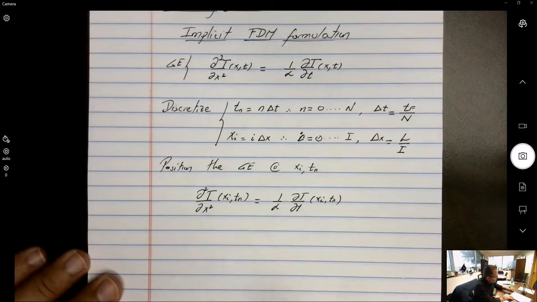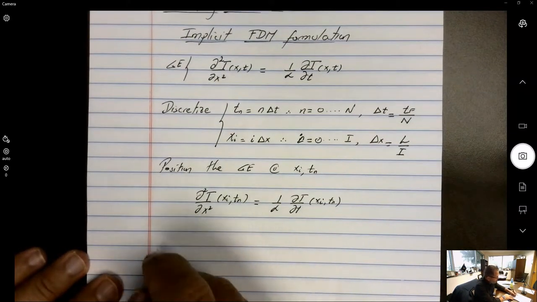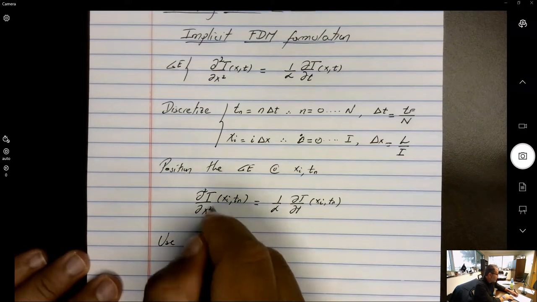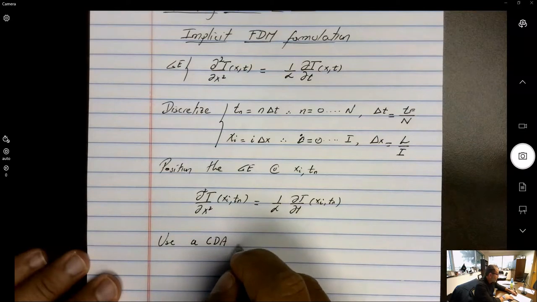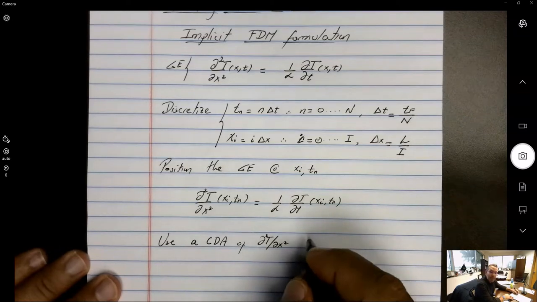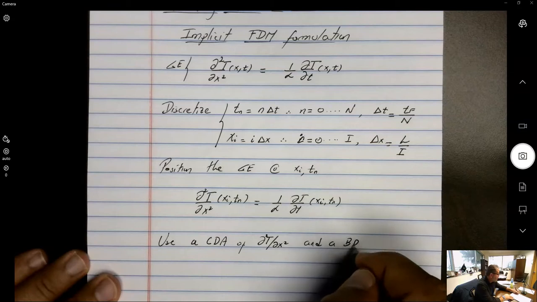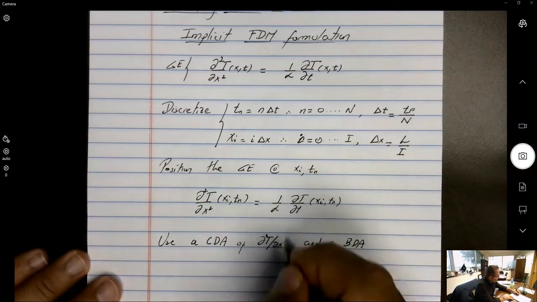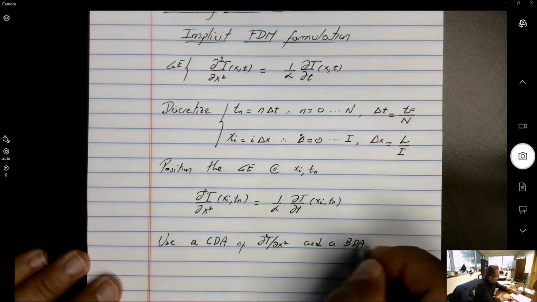And what we're going to do is use a central differencing approximation, CDA, of the second derivative of T with respect to x squared, and a backward differencing approximation of dT/dt.